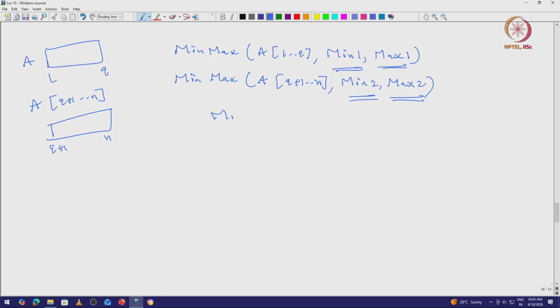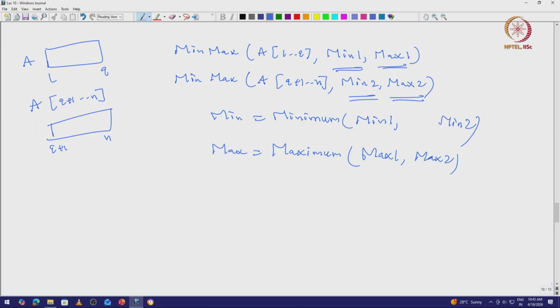Now, you find the overall minimum equal to minimum of min 1 and min 2, max equal to maximum of max 1 and max 2. These are the two comparisons.